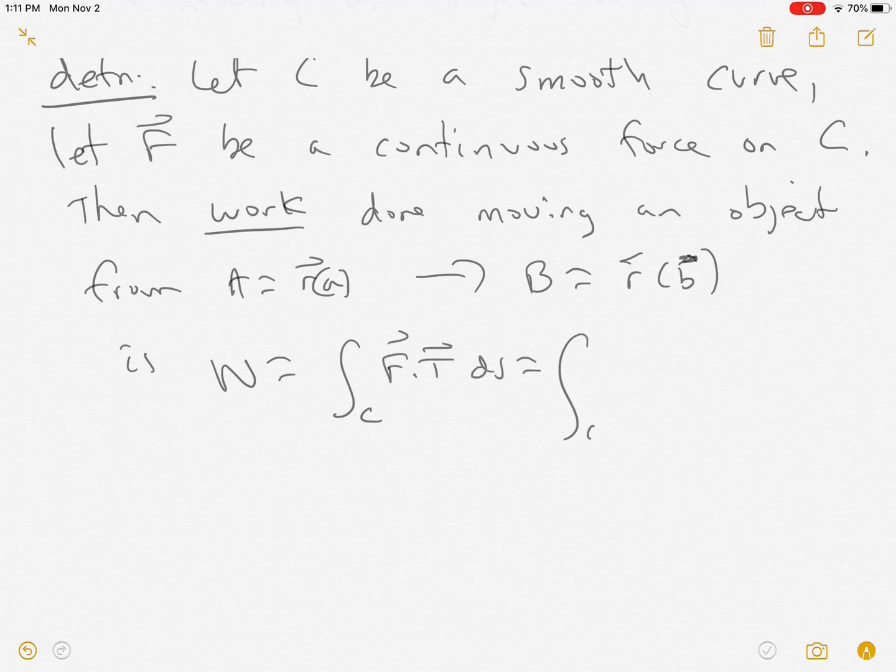And this is the integral from a to b of F of r dotted with dr/dt dt.